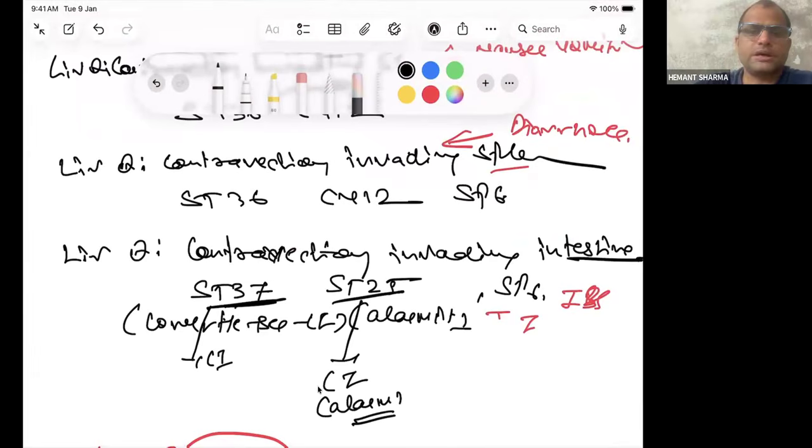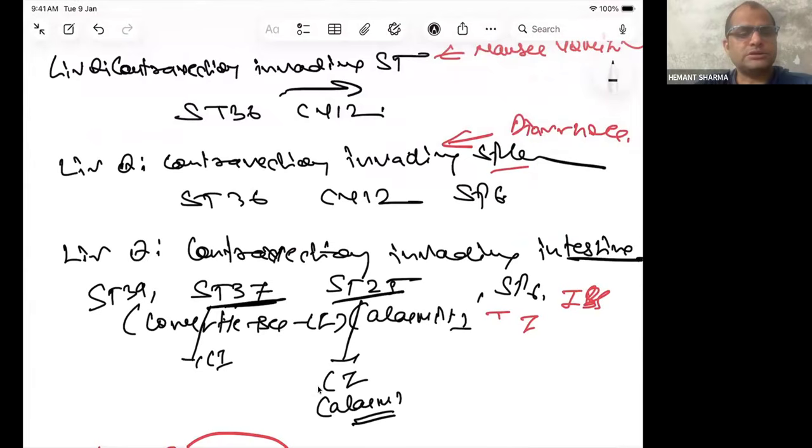We can also include the small intestine, so we can add stomach 39 for the IBS. So what is our protocol? First, the protocol of the liver chi stagnation, then the protocol of the lower He-See point of the large intestine and the small intestine.